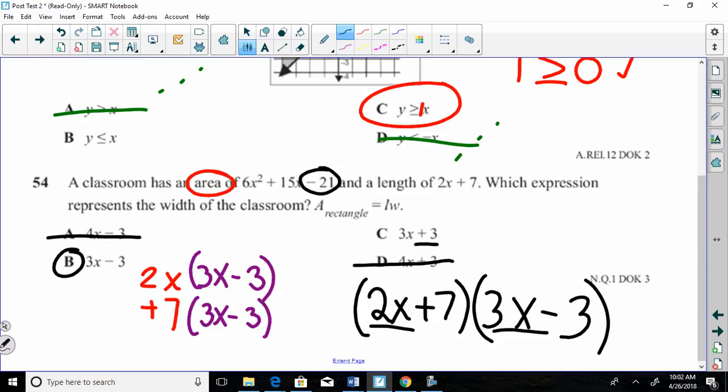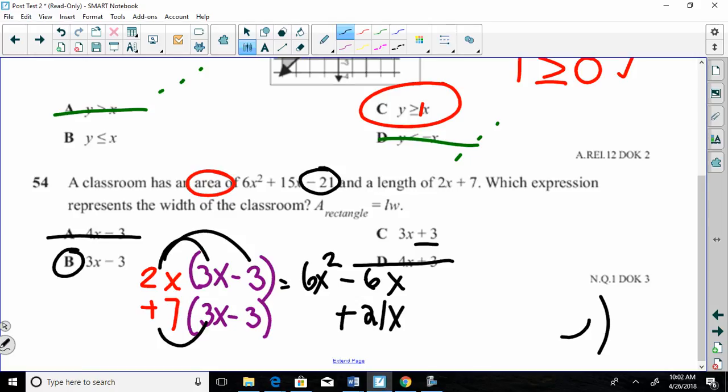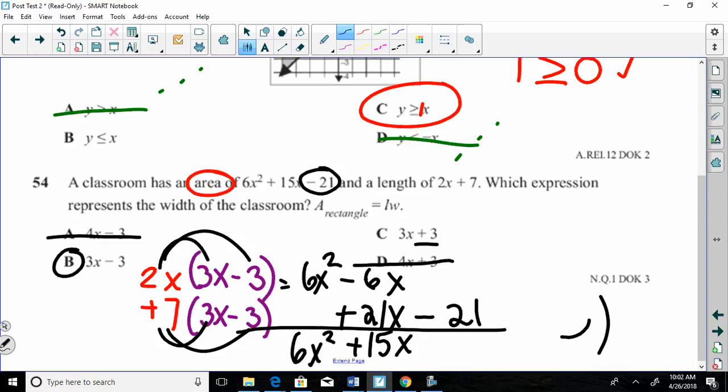So when I distribute, what's 2x times 3x? 6x squared. 2x times negative 3, negative 6x. 7 times 3x, 21x. And 7 times negative 3 is negative 21. When I combine my like terms, I end up getting 6x squared plus 15x minus 21. Is that my original answer? So I know.